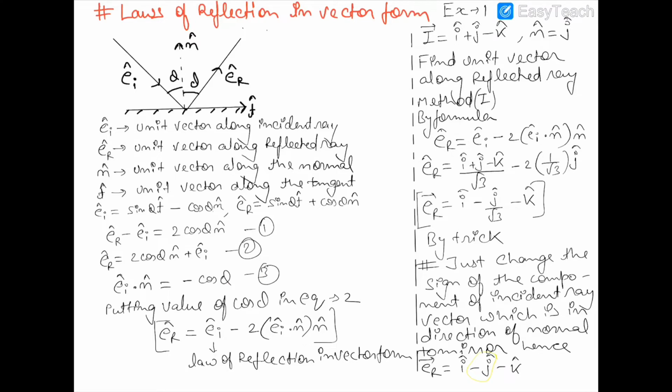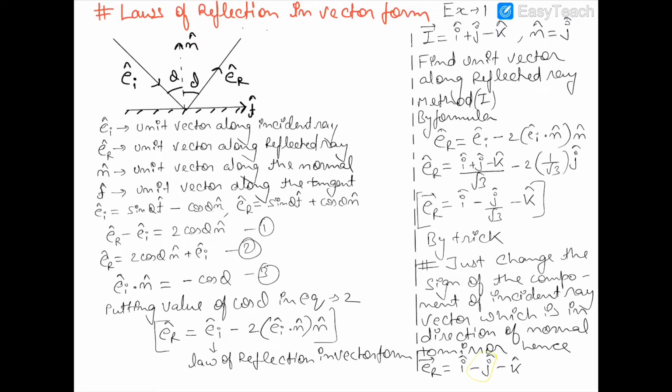Now if we put the value of cos theta from the third equation in equation 2, we get er cap equal to ei cap, and since cos theta is equal to minus ei cap dot n cap, the minus shifts here. So er cap is equal to ei cap minus 2 ei cap dot n cap into n cap.